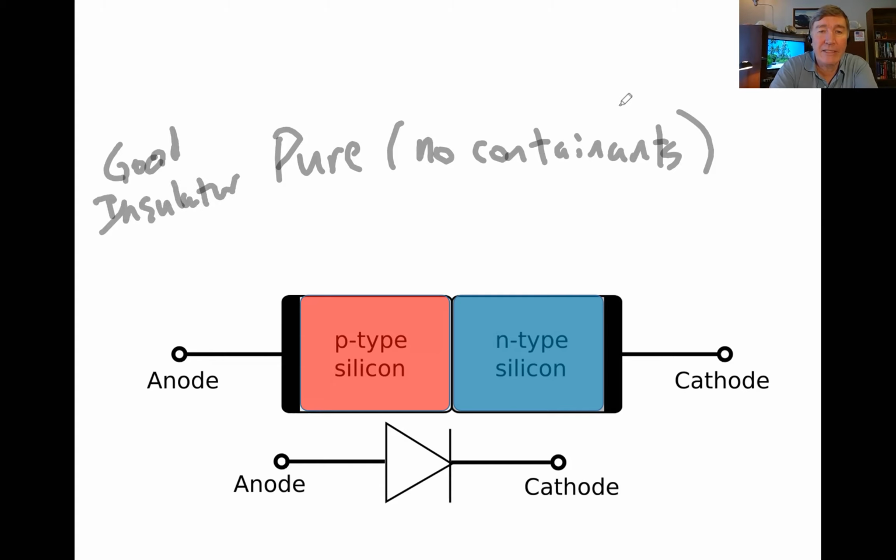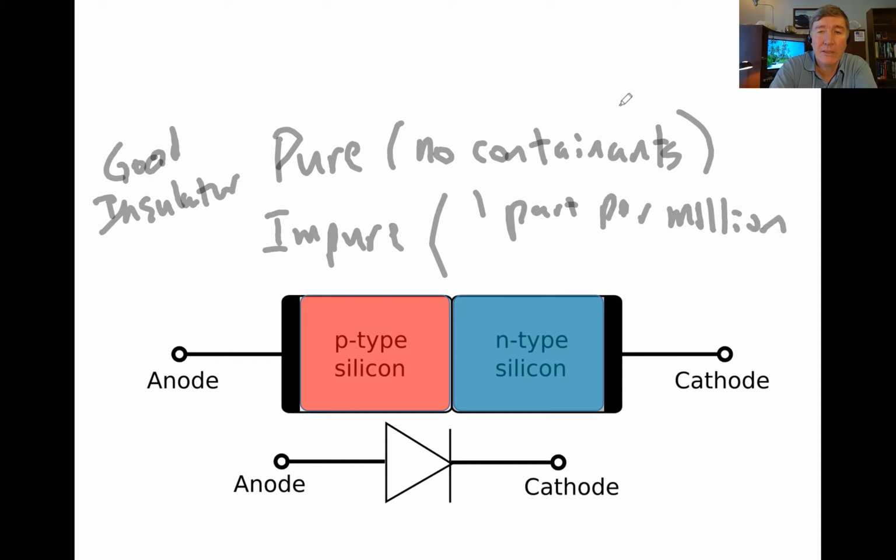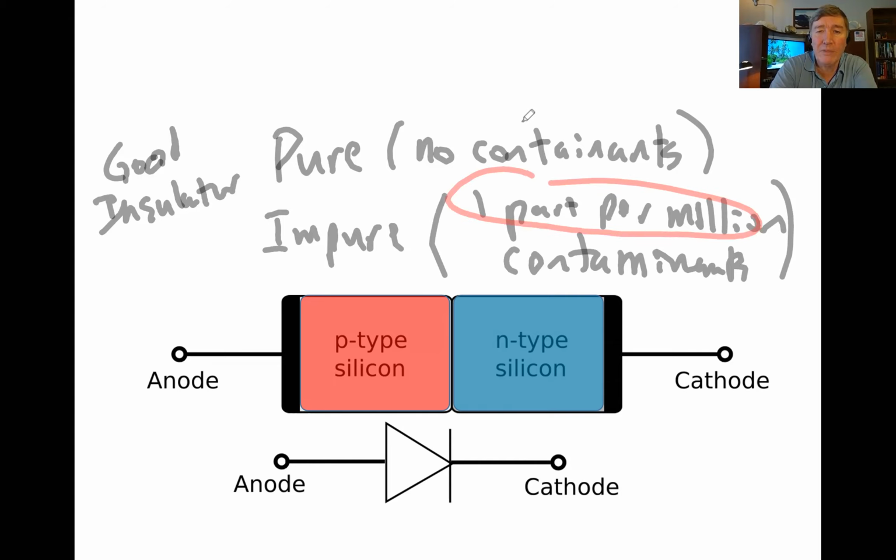But if it's impure, which means it does have contaminants, and it can be really, really small, I mean, it could be like maybe 1 part per million. Even something as seemingly small as 1 part per million is enough that it can make it a good conductor.